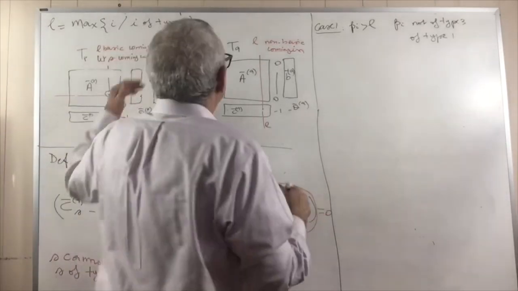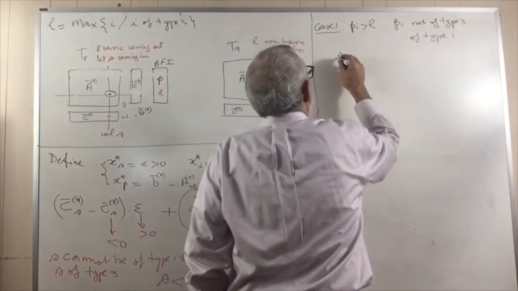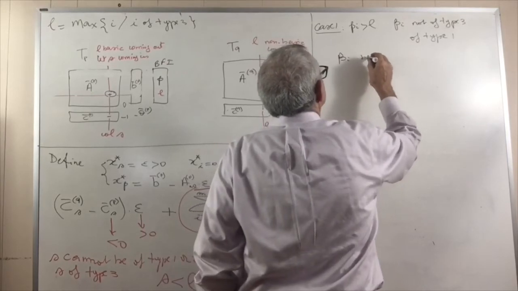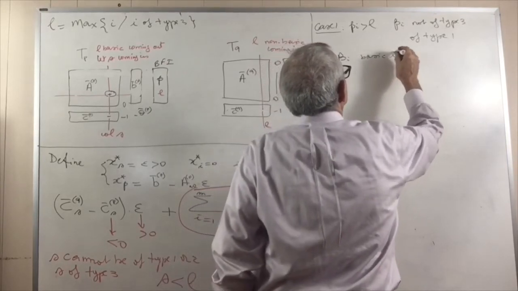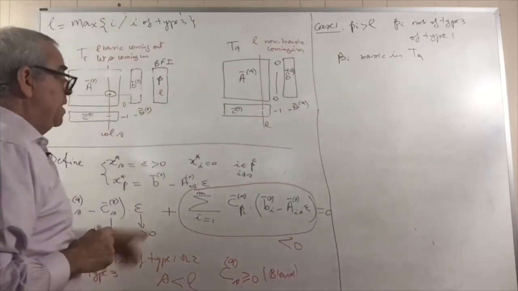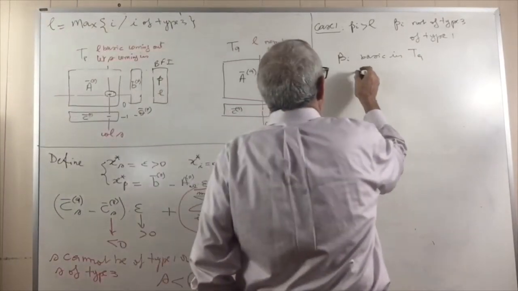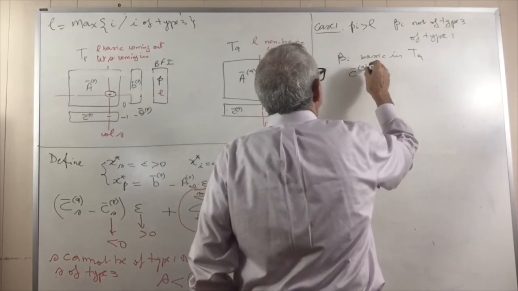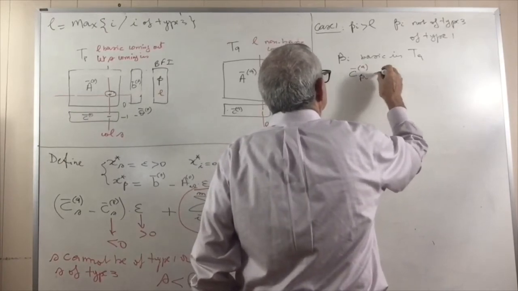So beta I is basic in TQ. And because it's basic in TQ, then the C bar of Q beta I is equal to 0.